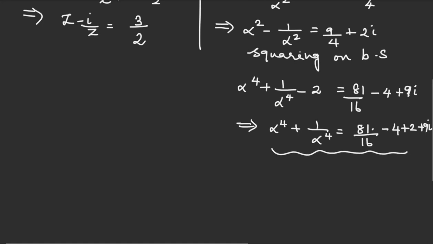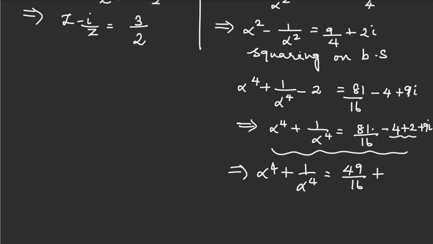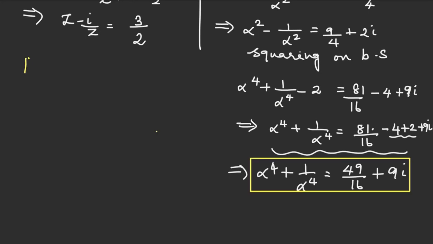So alpha power 4 plus 1 by alpha power 4 is equal to 81 by 16 plus 2, that is 81 plus 32, which gives 49 by 16 plus 9 iota. Similarly, if beta is a root of the given equation, we also get beta power 4 plus 1 by beta power 4 is equal to 49 by 16 plus 9 iota.